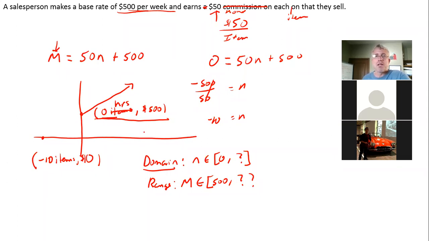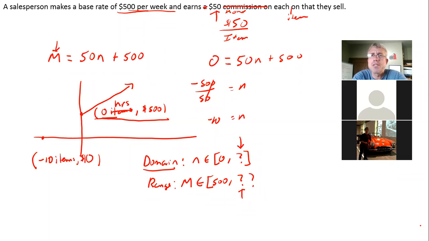Can you come up with a high end on this now? Can you come up with a reasonable upper limit on the domain? So all we're doing is changing it from $50 per item to $50 per hour.